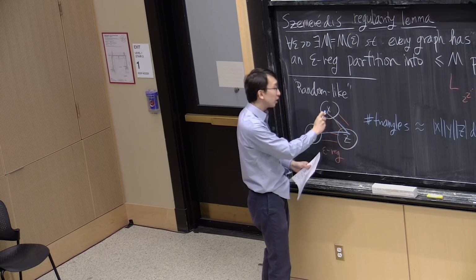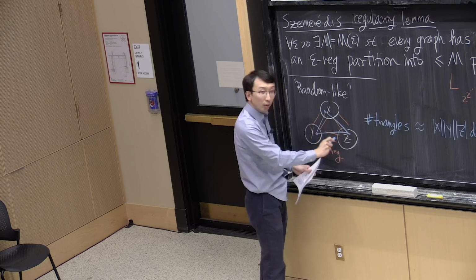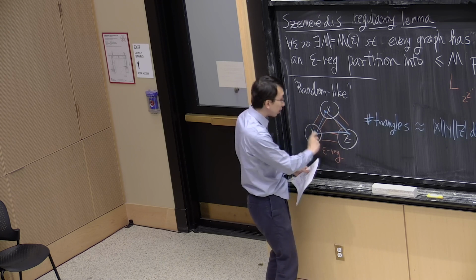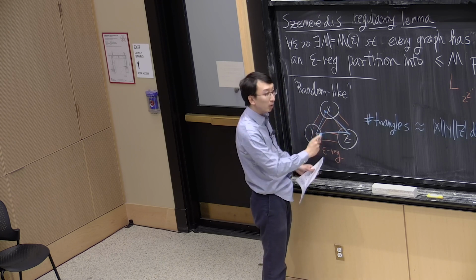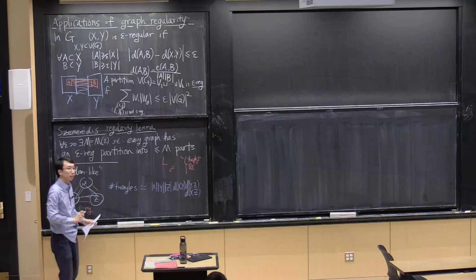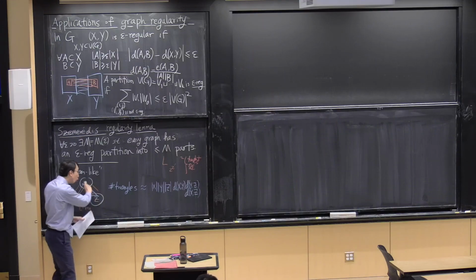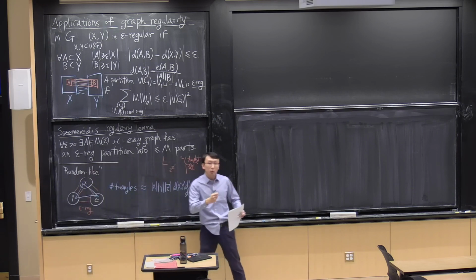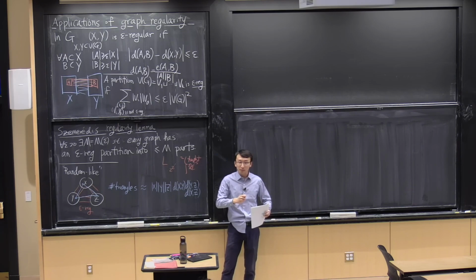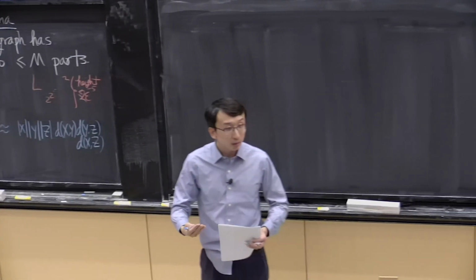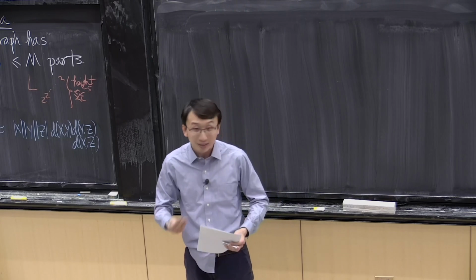If I put these vertices in one by one, then if this were a random graph, I expect that pair to be an edge with probability d_xy, and so on. If all the edge densities were 1/2, then I expect 1/8 of these triples to be actual triangles. And in an epsilon regular setting, that is approximately a true statement.